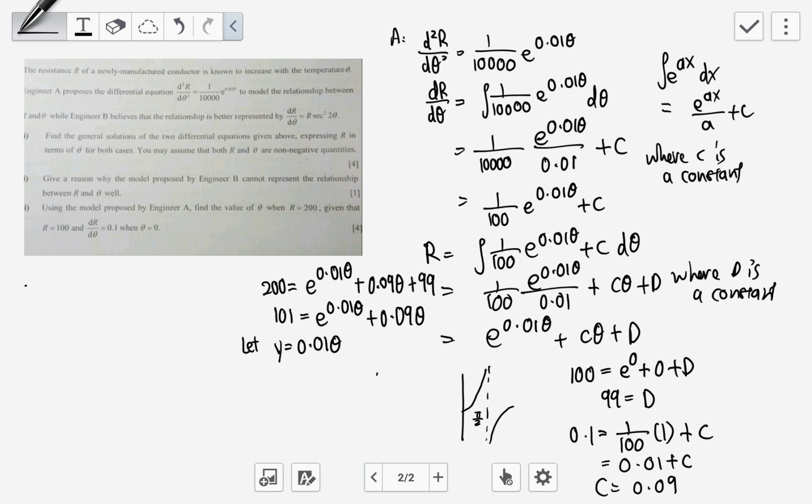Then I will have 101 equals e^y plus 9y.